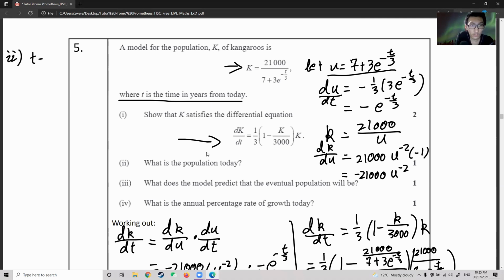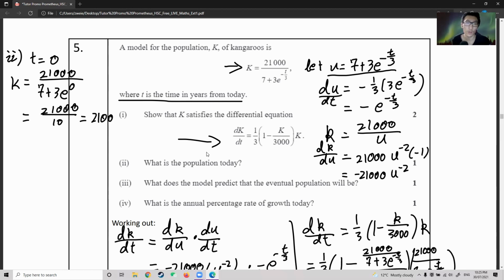If t equals 0, then my k is just equal to 21000 over 7 plus 3e^(-t/3), but t is 0, so essentially the whole exponential is 1. So I'll have 21000 over 10, which is 2,100. That's the kangaroo population today.